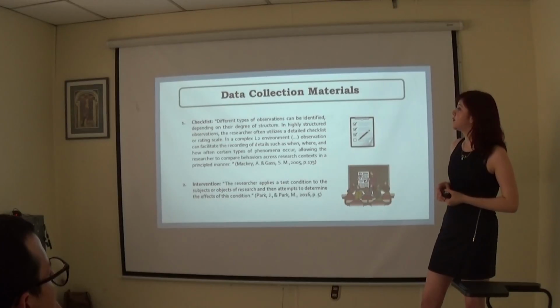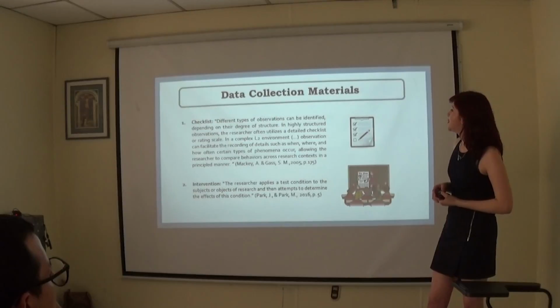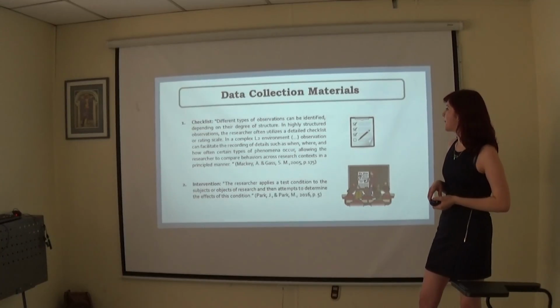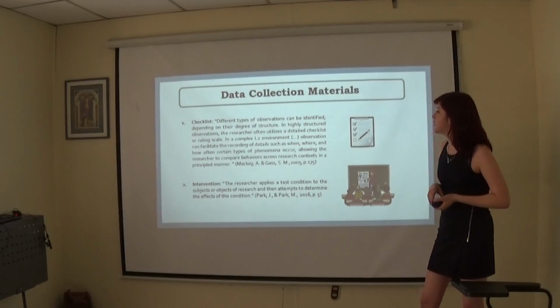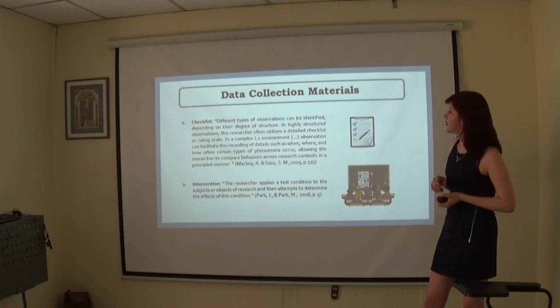In highly structured observation, the researcher often utilizes a detailed checklist or rating scale. This observation can facilitate the recording of details such as when, where, and how often certain types of phenomena occur.